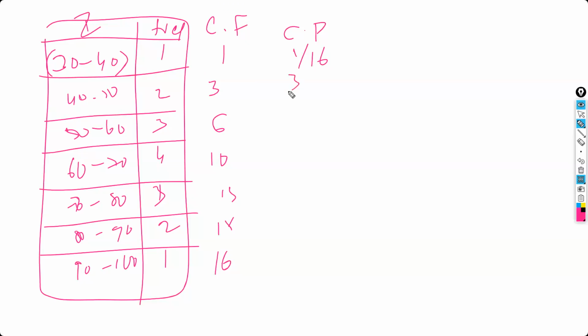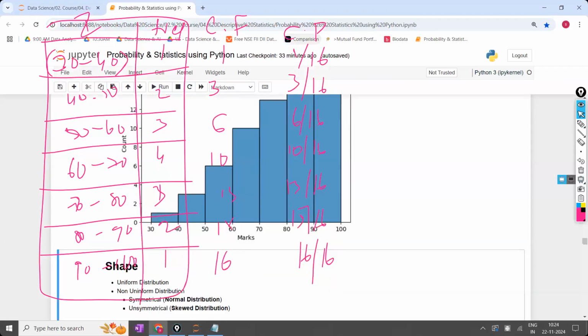So the cumulative probability is 3 by 16, 6 by 16, 10 by 16, 13 by 16, 15 by 16, and the total probability is equal to 1, which is 16 by 16. You are going to get it like this.